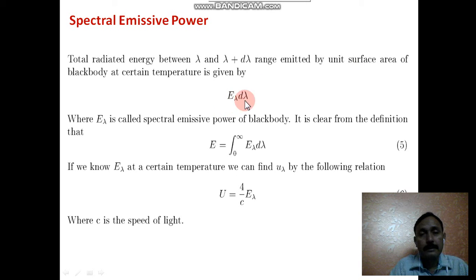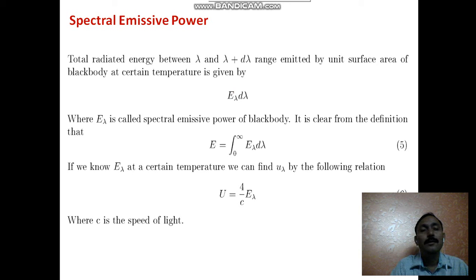That means the emissive energy density within the wavelength range lambda and lambda plus d lambda, or in other words, the energy radiated between lambda and lambda plus d lambda by unit surface area of the black body.